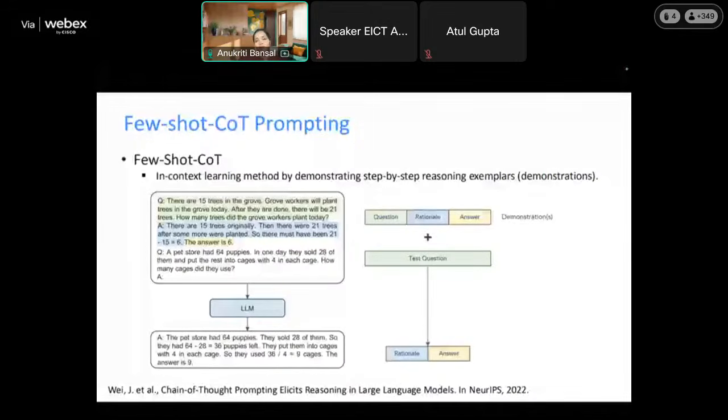So you can provide a context, and when you are providing the context, this rationale part gets improved and your answer gets improved.